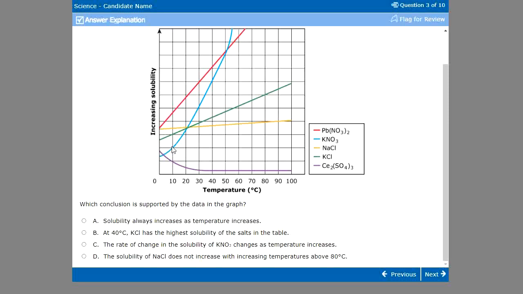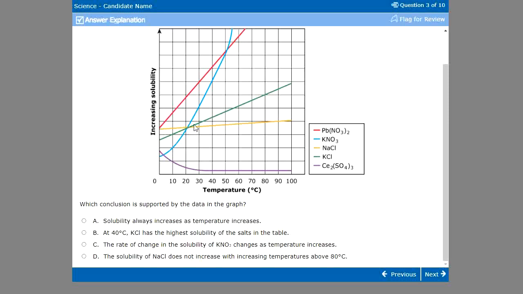We go from 2 up to 3.5 almost, somewhere here. So the next 10 degrees Celsius increment, we have a change of 1.5 or 1.4 compared to 0.7. And that is a change in the rate of solubility.